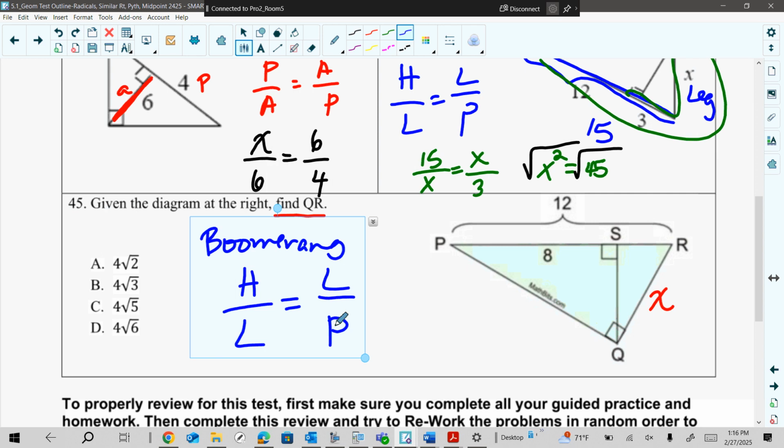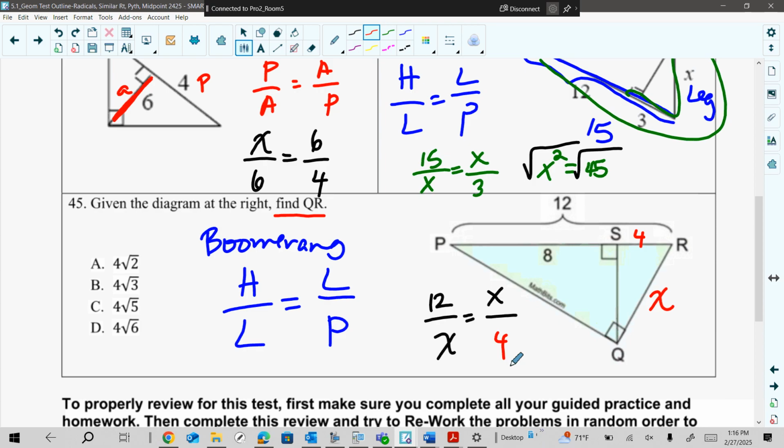What's the hypotenuse in this problem? What's our leg? Yes. And then what's the adjacent part? Yep, you have to find the missing part here, which is 4. And then you're going to cross multiply and simplify. This is a radical answer, obviously, because all your answer choices are in radical form.